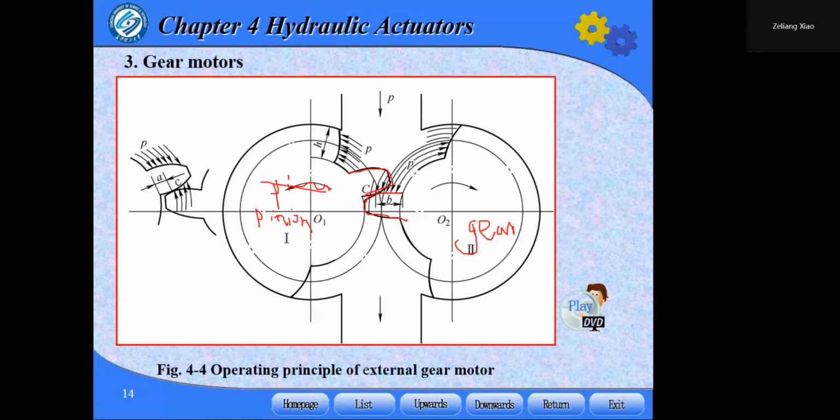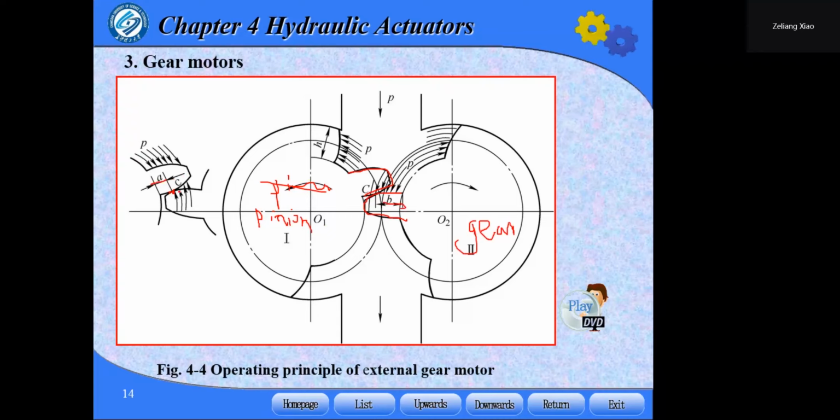Look at the mesh point. There are two distances. This one is A, and this one is B.